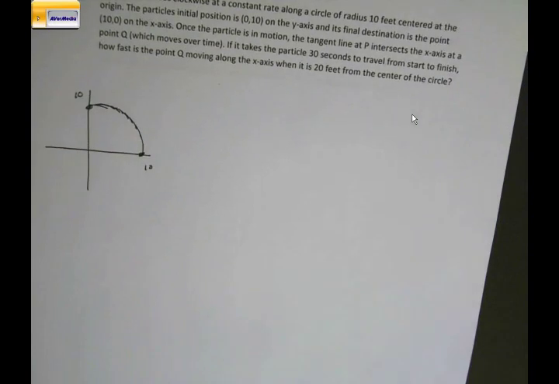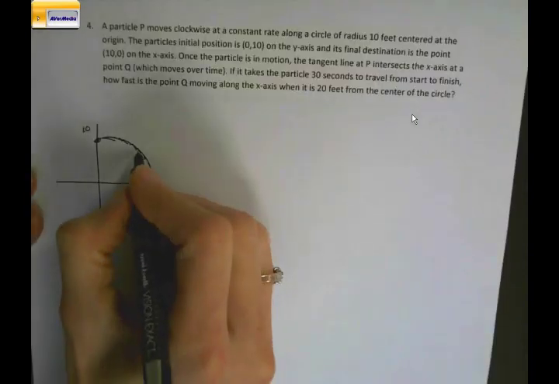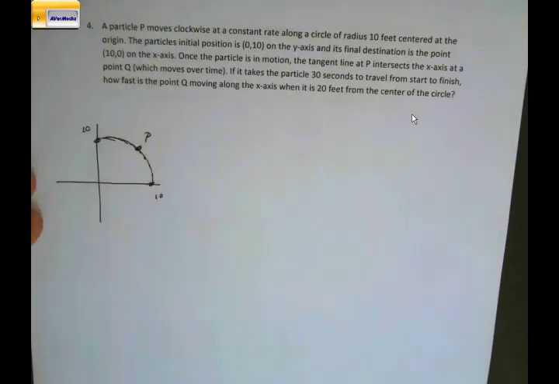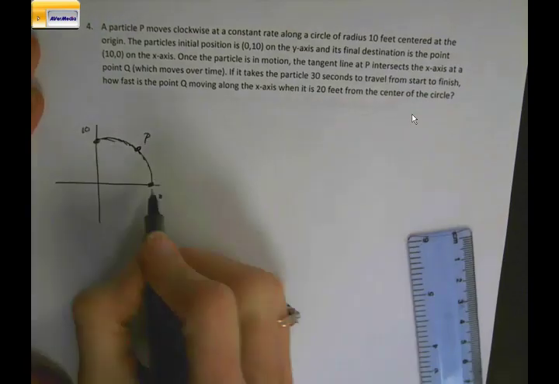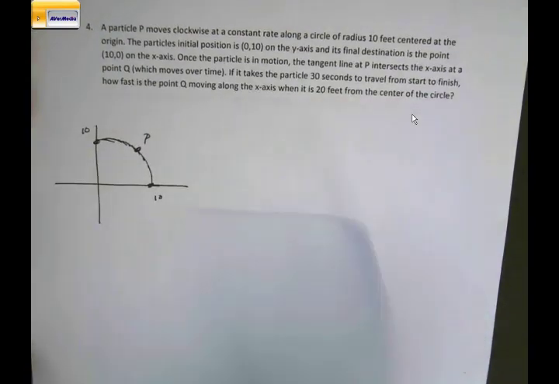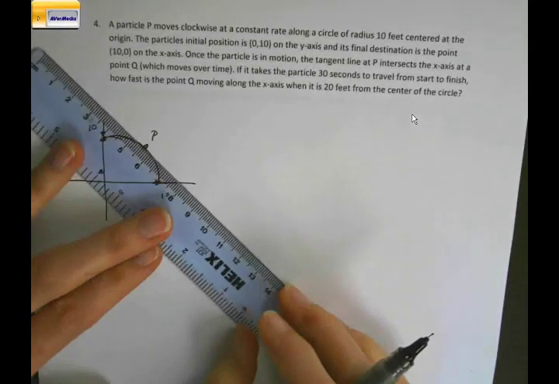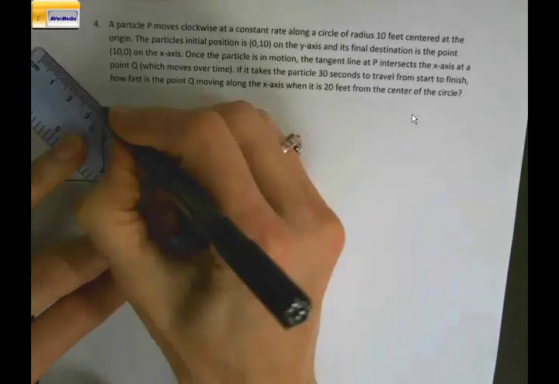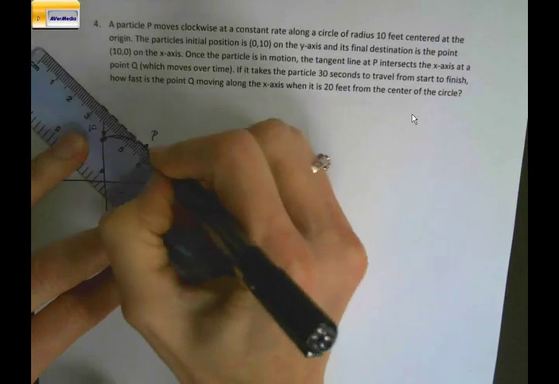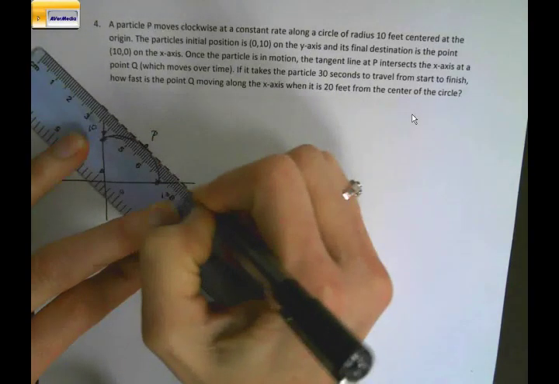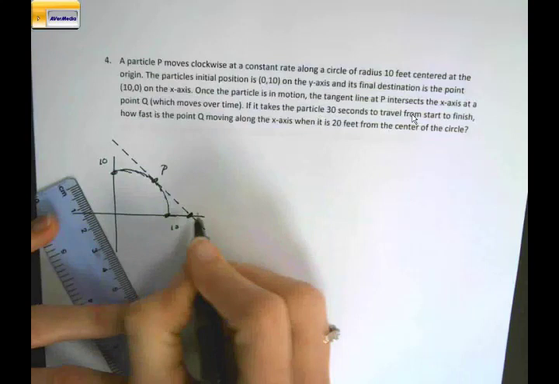Once the particle is in motion, the tangent line at P intersects the x-axis at point Q. Okay, let me see if I got a straight edge somewhere around here. The tangent line at point P intersects the x-axis at point Q. All right, there we go.